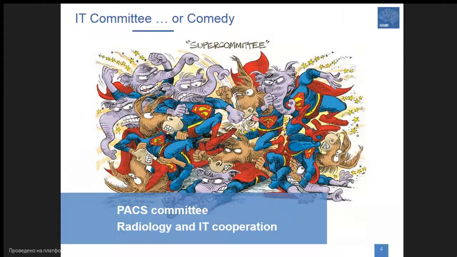There might be a lot of quarrels, a lot of talks and problems between radiology and IT. It may turn into comedy, and there might be problems of cooperation between IT and radiology.